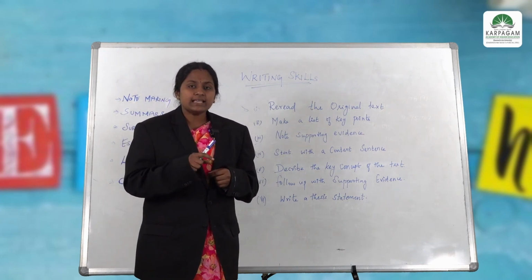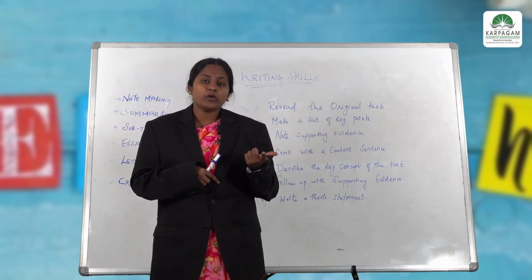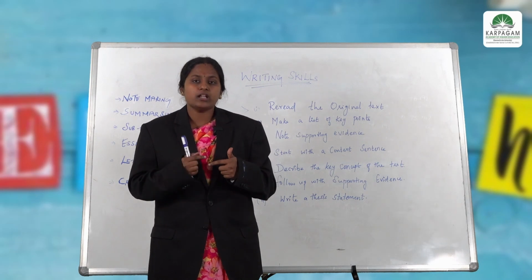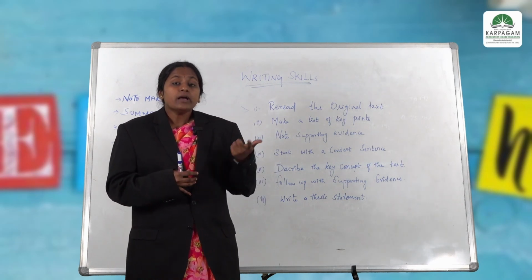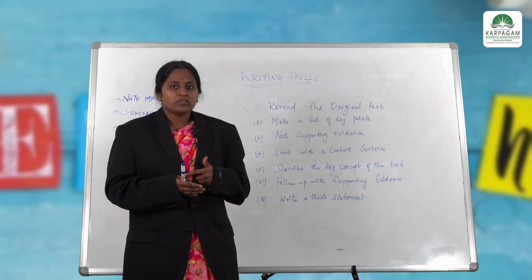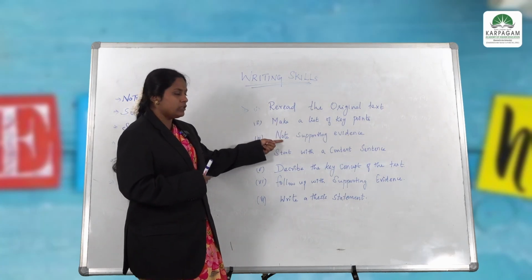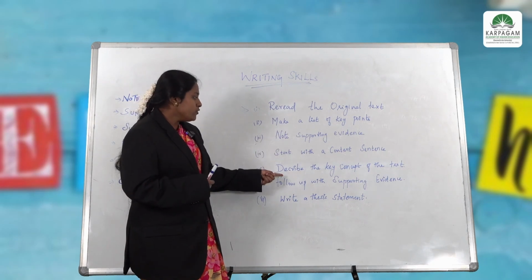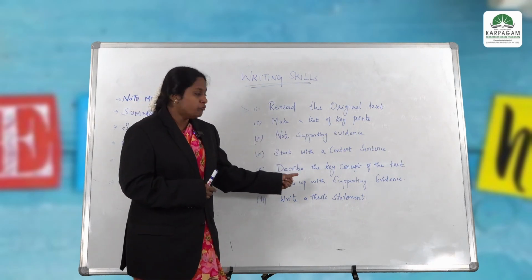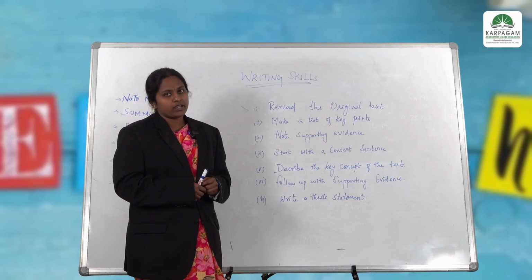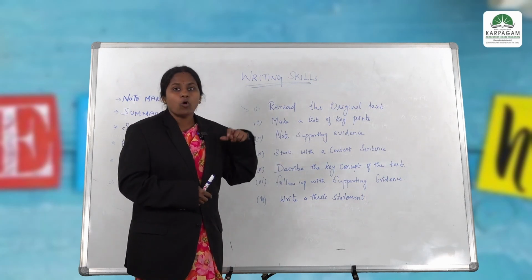Earlier you were following up with key points and supporting sentences, and now you are following the supporting evidence for the key points. So there is a difference. First you follow up the key points' supporting evidence, and now you are describing your own text, and for that you are following up with the supporting evidence. So you are describing your own text.